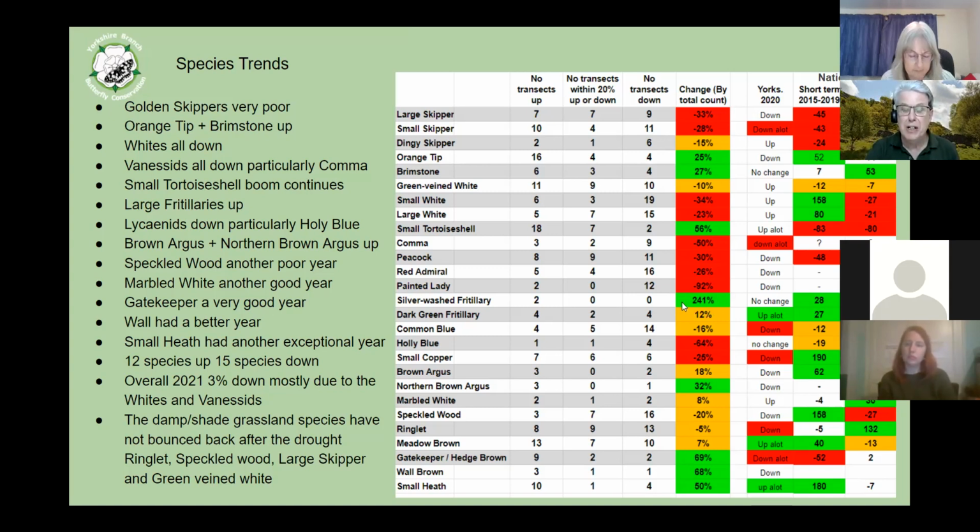We had very large numbers occur in a couple of locations, and they spread and settled, and they've congregated in a few key areas. So for example, on the transect that I walk, which is Bishop Wood near Selby, for five full weeks of this summer, silver-washed fritillary was the commonest butterfly on the transect.